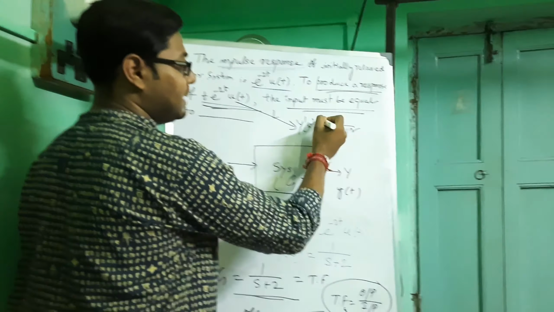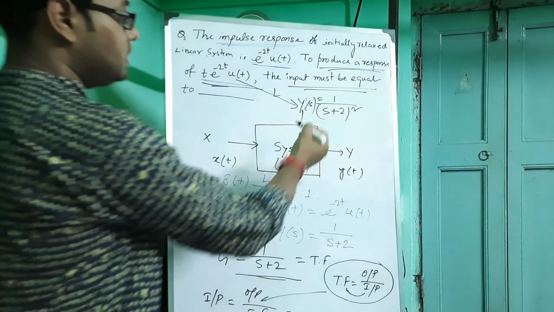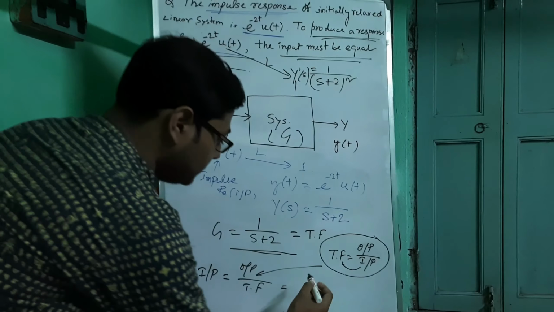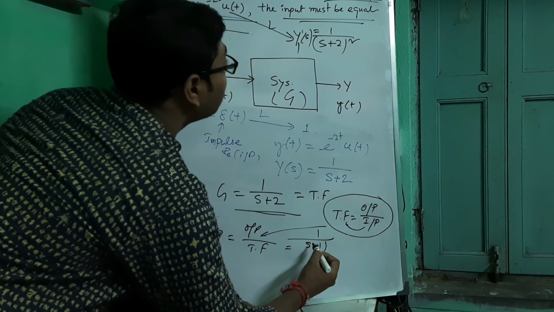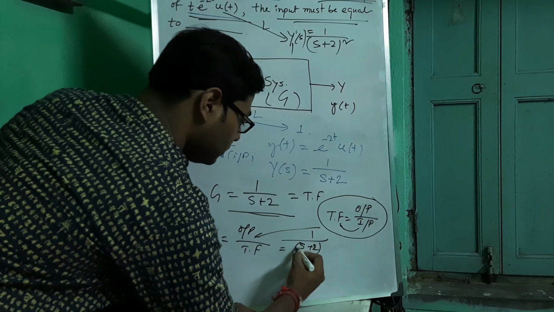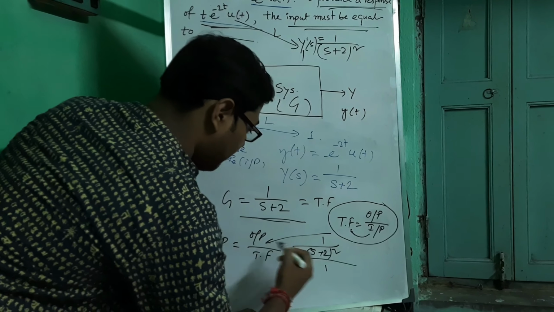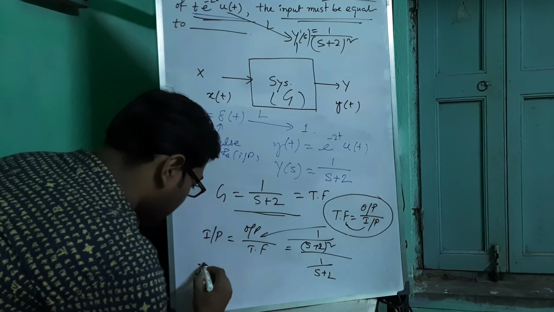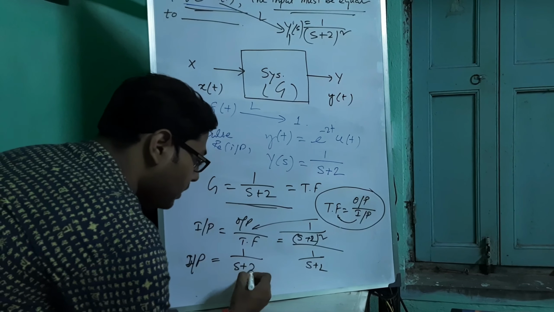We can say y1(s), the new output, equals 1 by (s plus 2) squared. Dividing (s plus 2) squared by the transfer function gives us s plus 2, so the input becomes 1 by s plus 2.